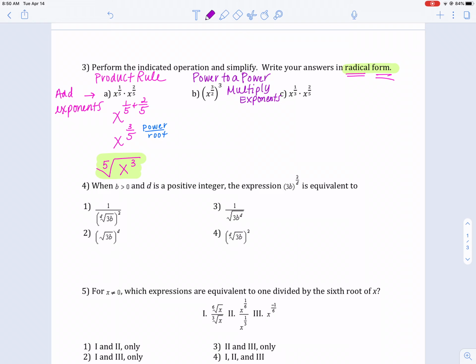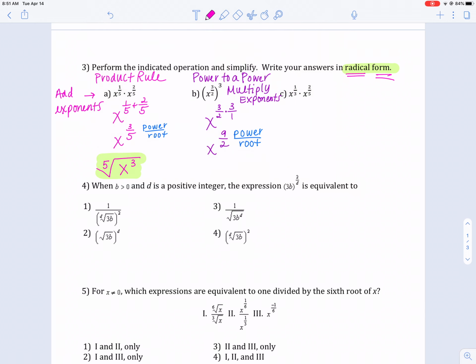But in letter B, it's an exponent raised to an exponent. You're allowed to multiply them. So that's x to the 3 over 2 times 3. To make your life easy, put that 3 over 1. And now when you multiply, you should get 9 over 2. Again, I'm going to remind you, your numerator is the power, your denominator is the root.